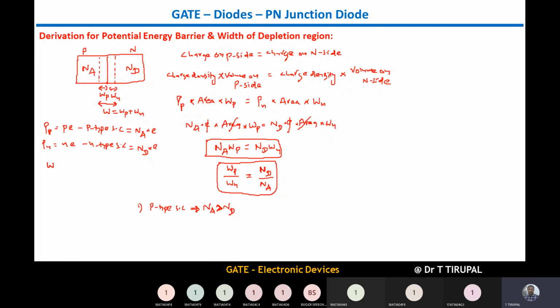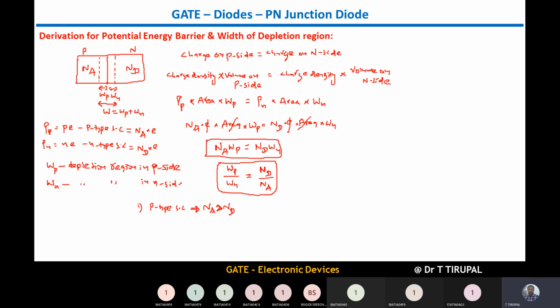Here Wp is called the depletion region width towards the p side, and Wn is the depletion region in the n side.